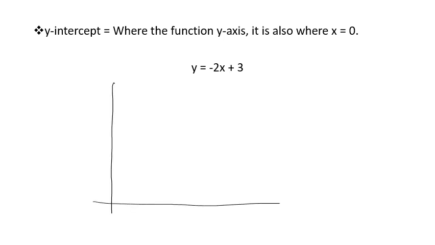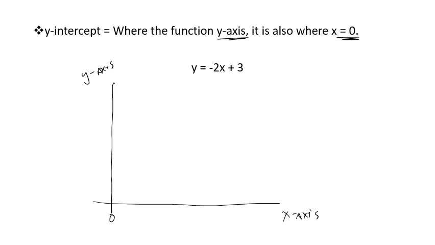So here's my x-axis, and here's my y-axis. The y-intercept is where it hits this y-axis, the vertical axis. It's also where x equals 0, which should make some sense because the y-axis is where x equals 0. The x-axis is where y equals 0.